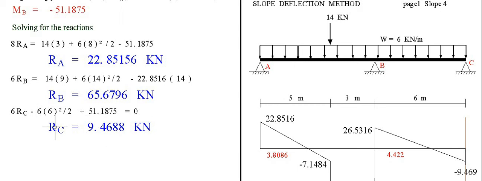Minus WL square over 2, 6 times 6 square over 2, then plus 51.